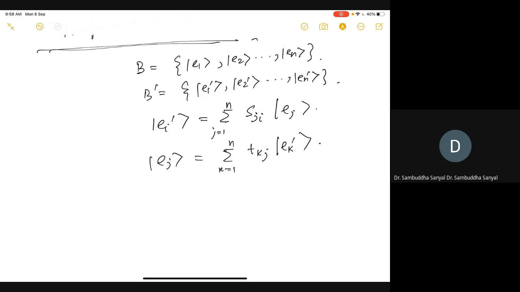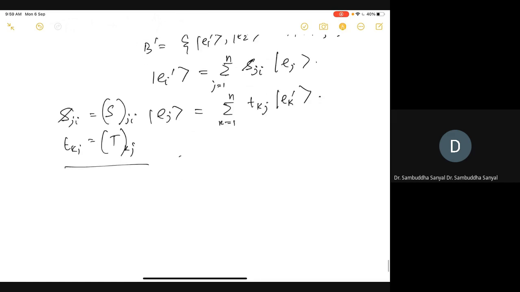Now that means I can define these two matrices which cause this transformation. So S_ji and T_kj are basically the matrix S, the ji element, and let me write this one as capital and this one as small, T_kj.